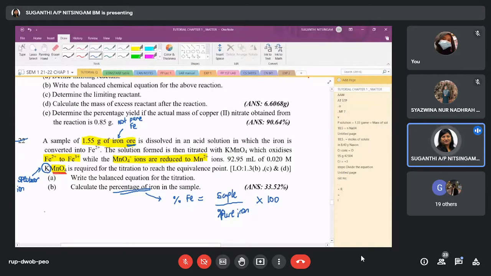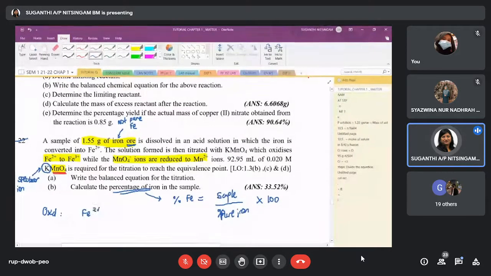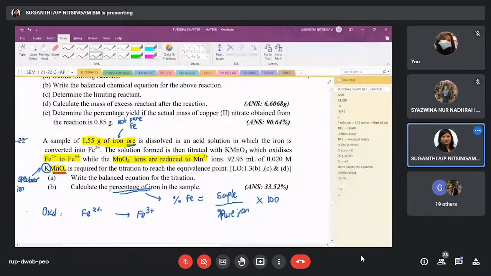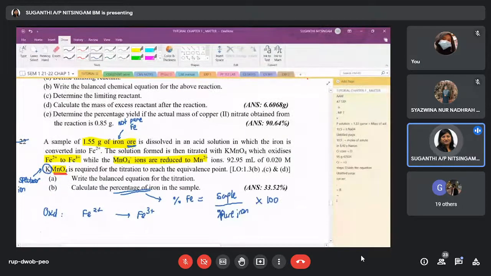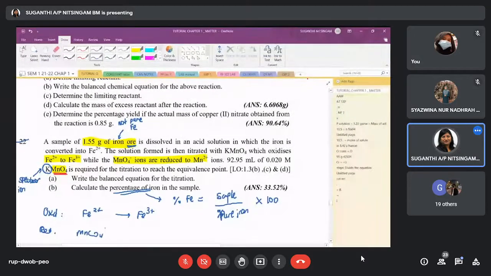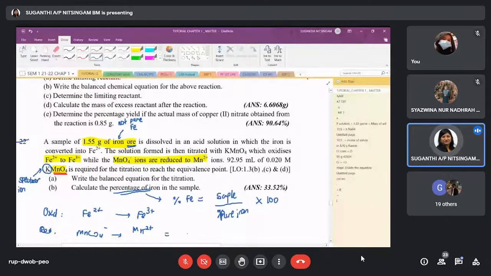Kamu tulis saja oxidation, formula dia Fe2+ becomes Fe3+. Seimbangkan dia guna redox. And then reduction is MnO4- become Mn2+. Bila you seimbangkan, you akan dapat yang macam kawan kamu sebut tadi tu. You get the equation.